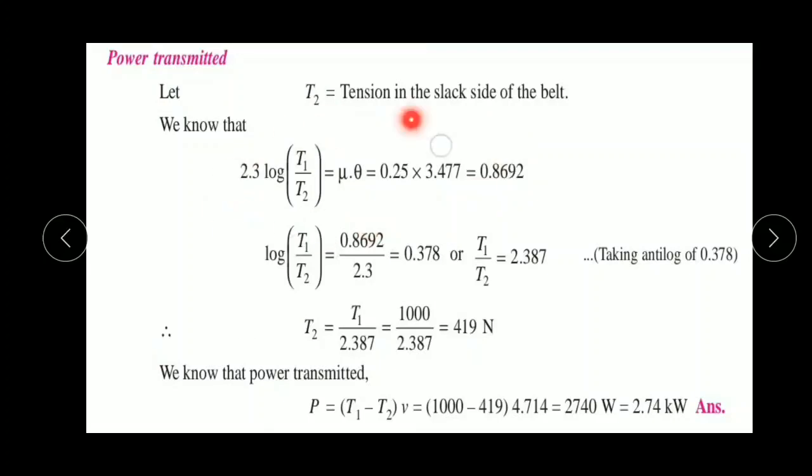By using the relation for ratio of tensions in a belt drive, T1 by T2 equal to e to the power of mu theta.